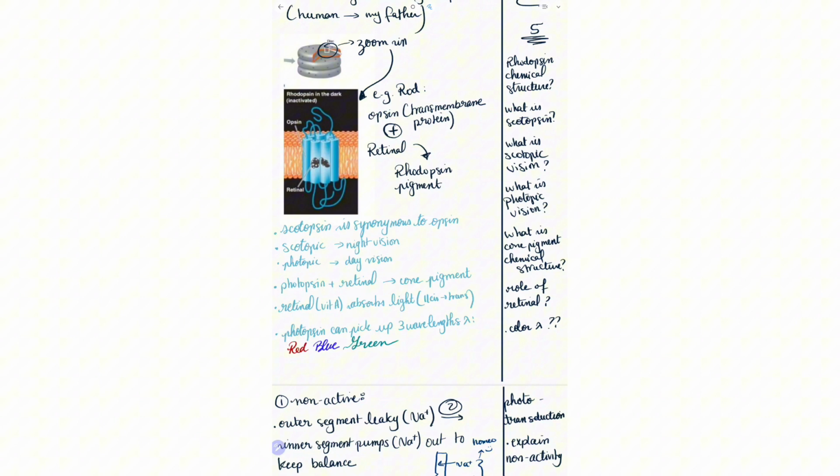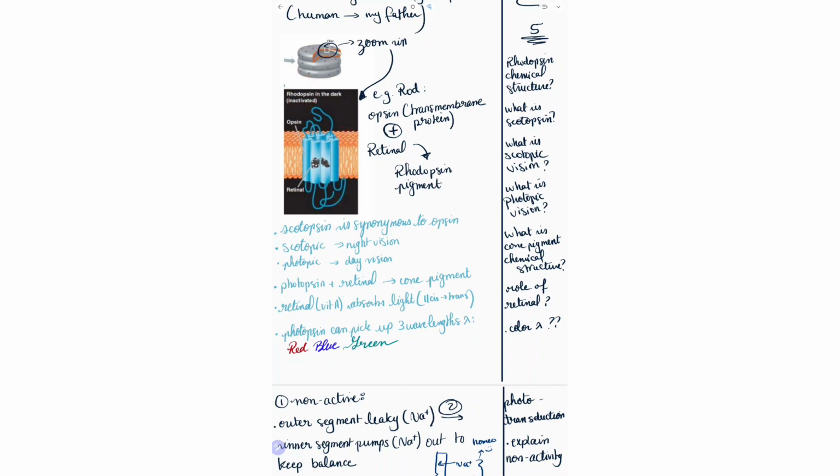Moving on, let's take the example of a rod. As we said before, we zoom in on the disc because the pigments are concentrated on the discs, and we see this. This is the lipid bilayer. This is the transmembrane protein called opsin, or I think it's called scotopsin. Yes, scotopsin. It's synonymous to opsin. They're the same thing. They're just synonyms. So this is the transmembrane protein, and this is the retinal that is found within the opsin, and the whole thing is called rhodopsin, which is the pigment of the rod.